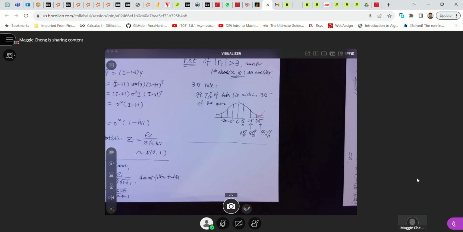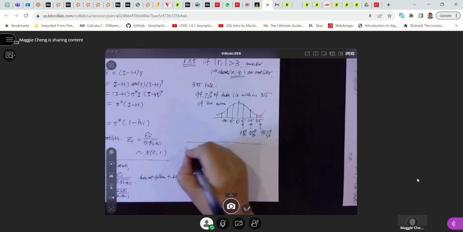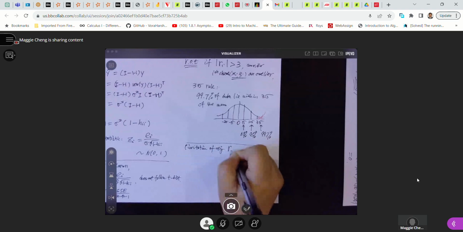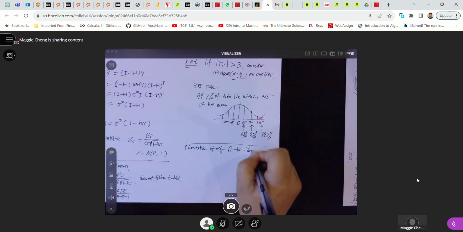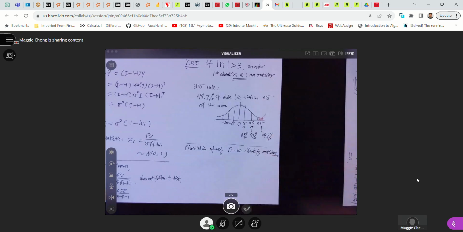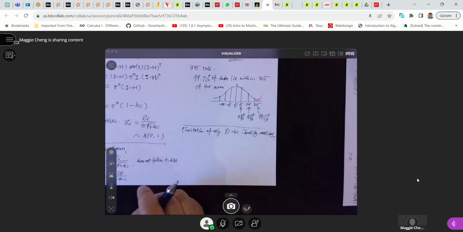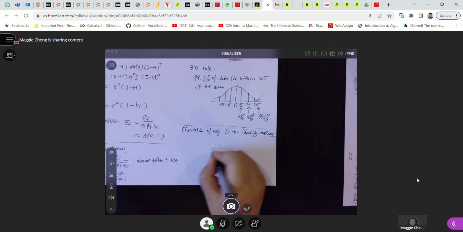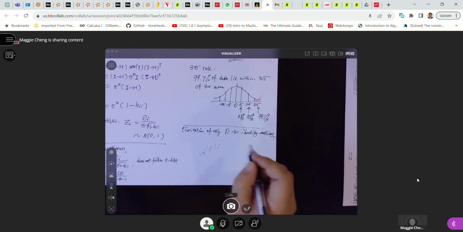But what is the limitation of using Ri to identify outliers? So let's imagine in this case you have some data like this.